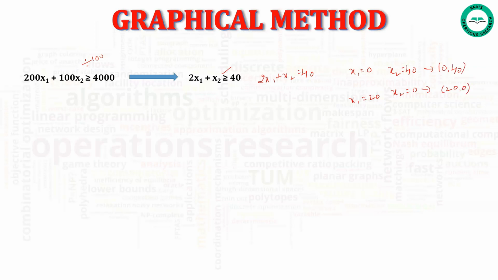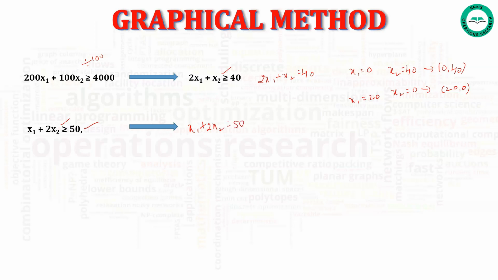Similarly, for the second equation, x1 plus 2x2 greater than or equal to 50. Now replace the inequality sign with equality, that is x1 plus 2x2 equals 50.